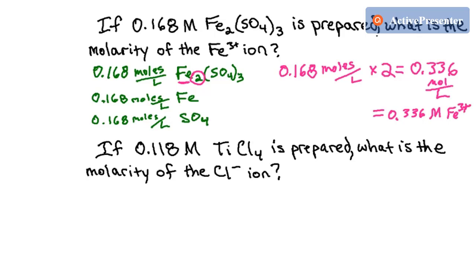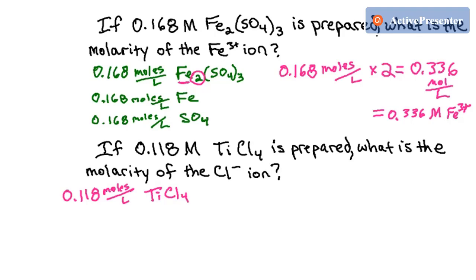Now same thing down here on the second question. If 0.118 molarity, which is the same thing as 0.118 moles per liter of TiCl4 is prepared, what is the molarity of the Cl ion, of the chlorine ion?